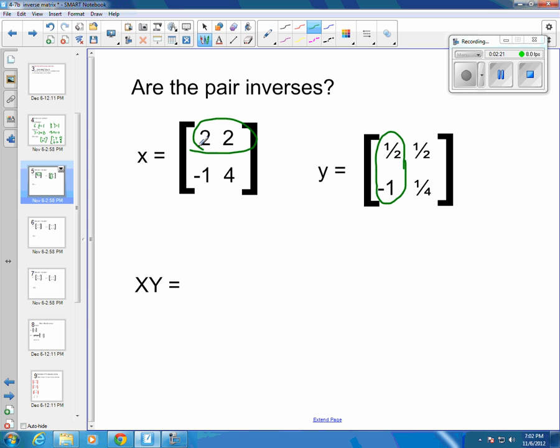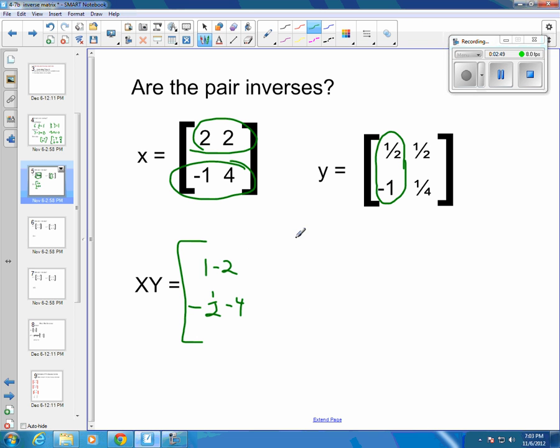Half of 2 is 1, and -1 times 2 is -2. Then this column times that row: half of -1 is -1/2, and 1 times 4 would be -4, so we subtract 4.